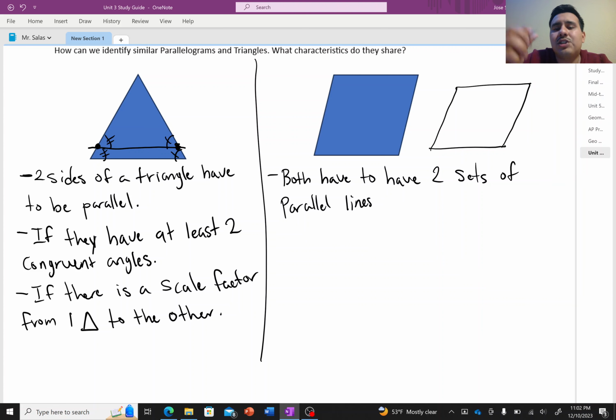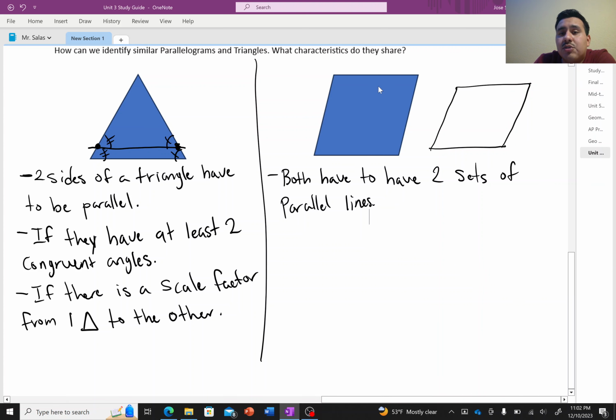Well, let's double check. This blue parallelogram has one set of parallel lines, right? Because this line is parallel to this line. If you're not following, follow the mouse, so that way you can see which lines are parallel. I'm talking about this line here and this line here. Those lines are parallel. Then this line is also parallel to this one.